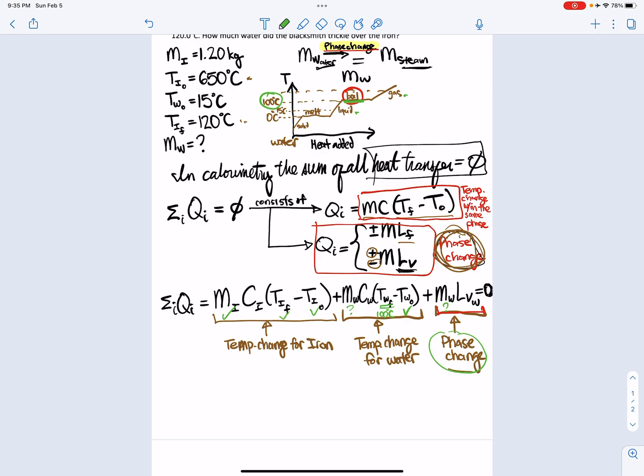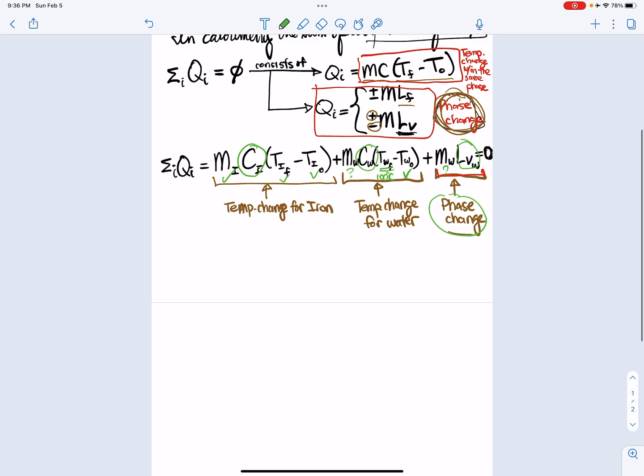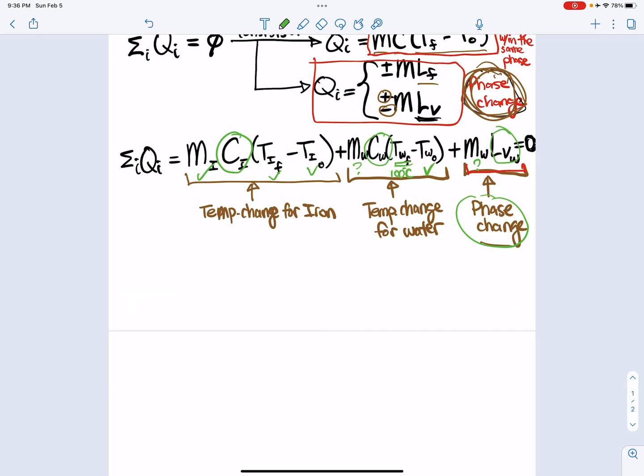Okay, and as far as the specific heat of iron, specific heat of water, and latent heat of vaporization of water, I found that from Google. You might get that as a given on the test, or maybe a little chart to figure that out.